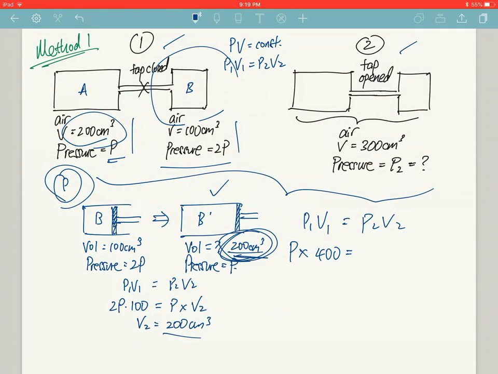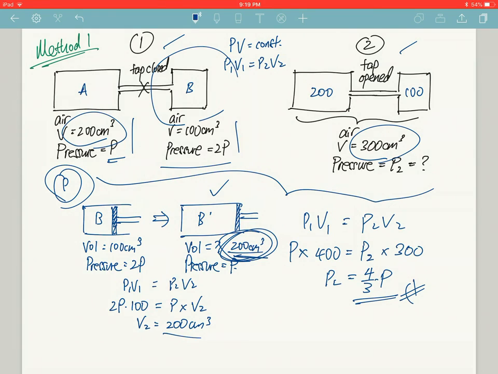After the tap is open, the pressure P2 is what you want to find in terms of P, and the volume will be the original 100 and the 200 in cylinder A, so the total volume will be 300. If you solve for P2, it will be 4/3 times P. That's how you get the answer.